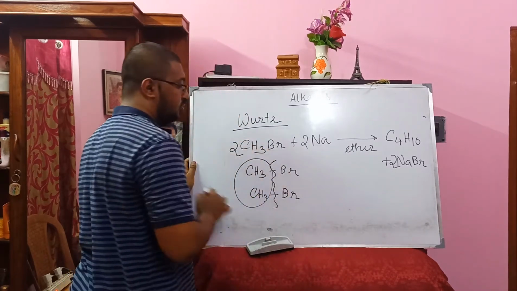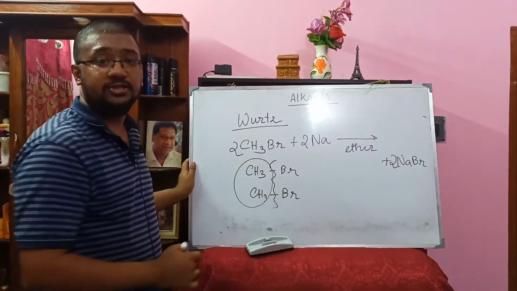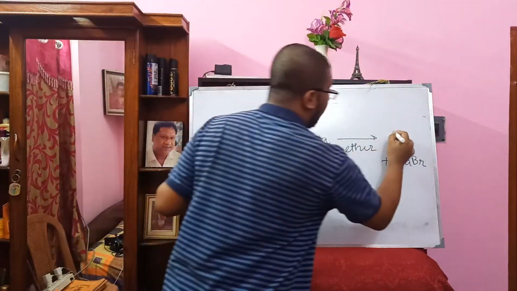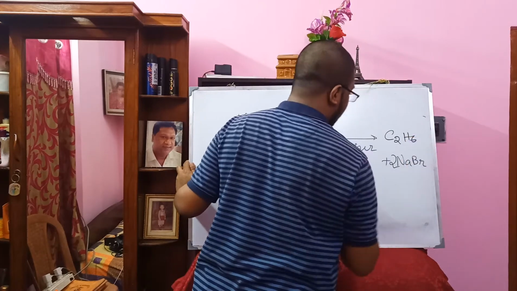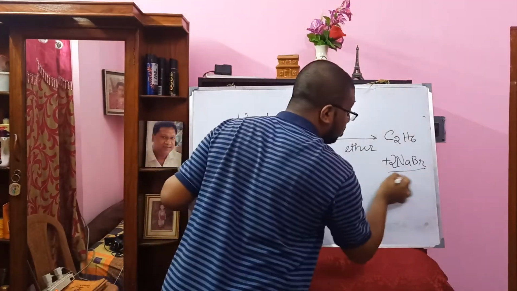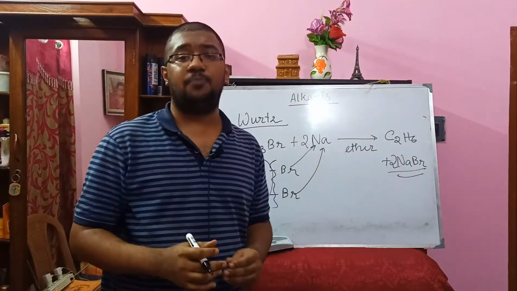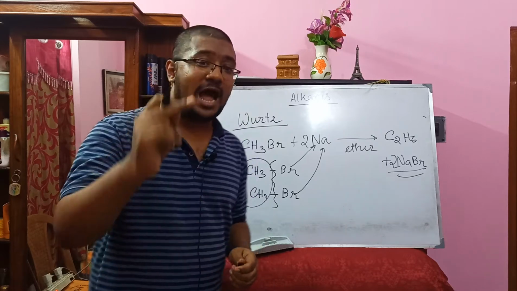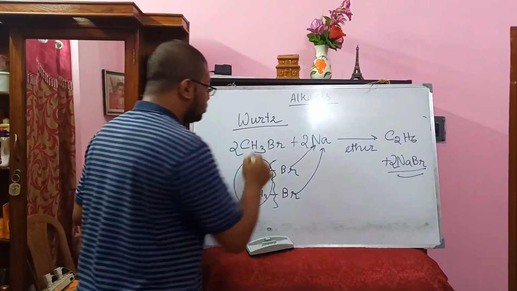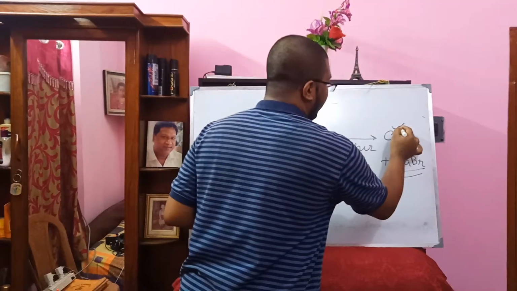These 2 CH3 would have joined together and formed C2H6. Similarly, this Br with this sodium, this Br with this sodium, you get this product. So the Wurtz reaction is a very, very important reaction. But try to understand, if you take 2 moles of methyl bromide, you get ethane.